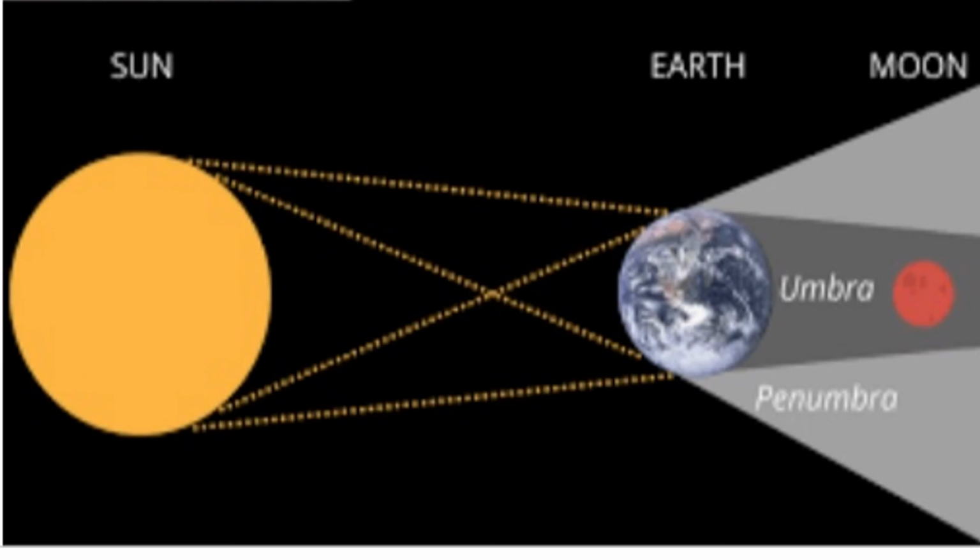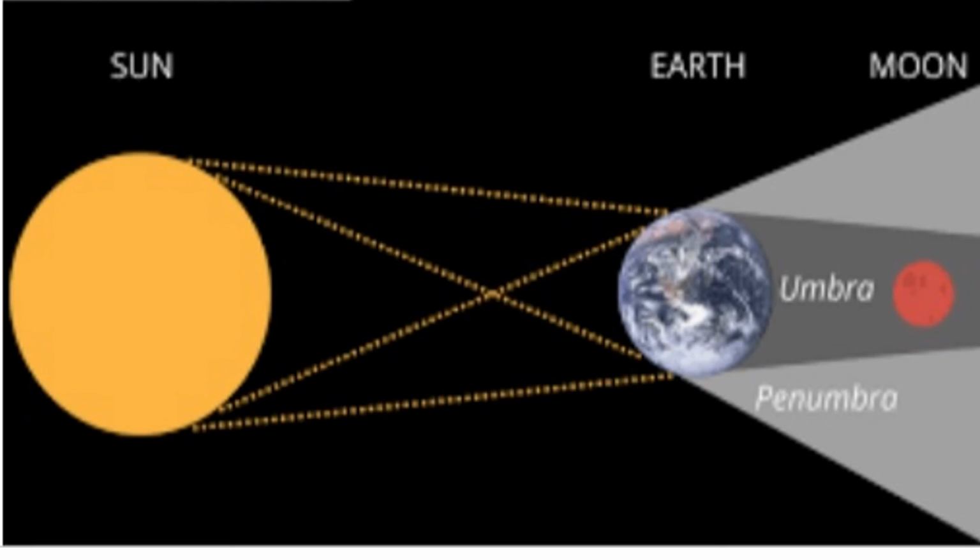When the moon and the sun are on opposite sides of the earth in a straight line, total lunar eclipse happens. The moon looks slightly reddish during a total lunar eclipse.